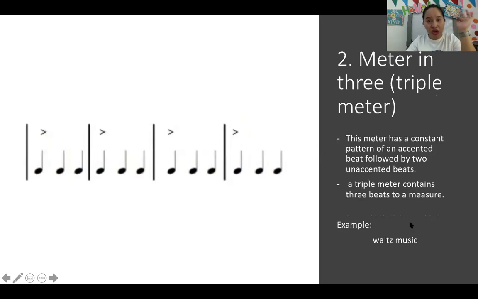This meter has a constant pattern of one accented beat, the first one with the accent on top, followed by two unaccented beats, meaning they are weak. These two in a row are weak. So how do we do this? 1, 2, 3. 1, 2, 3. 1, 2, 3.